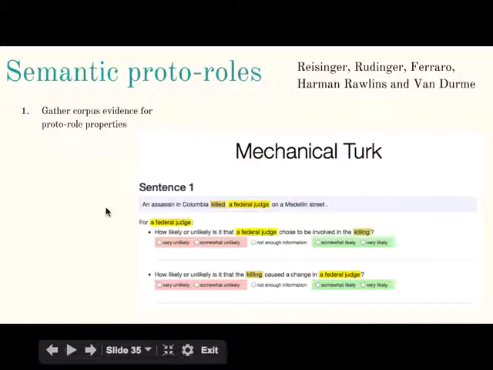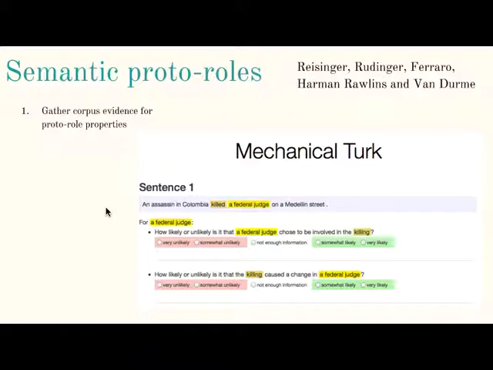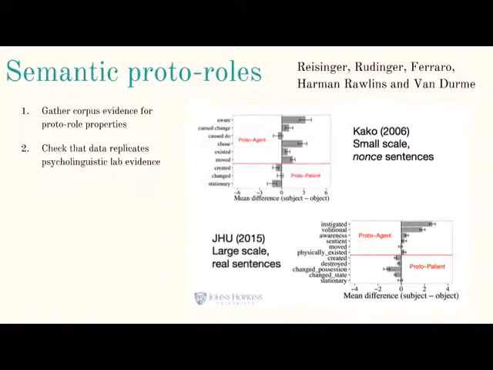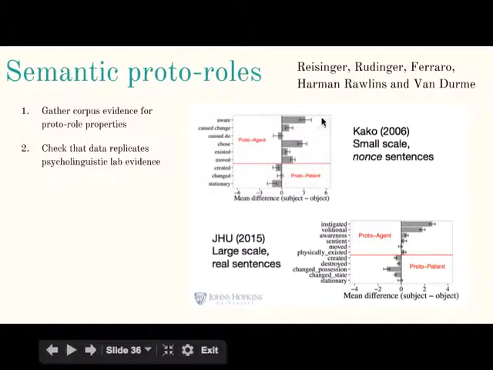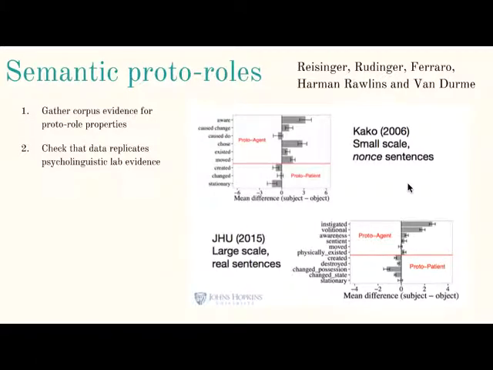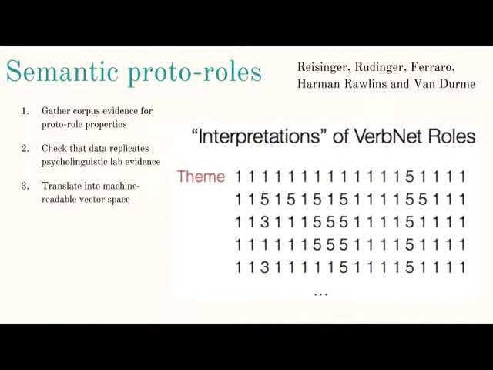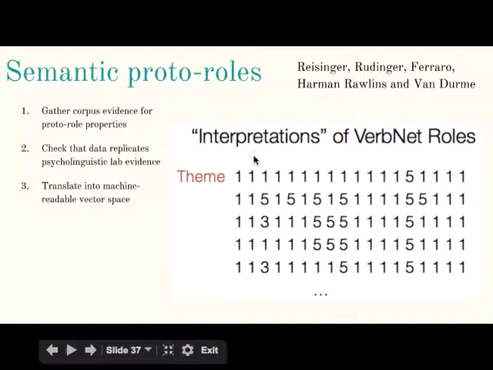And so they got hundreds of thousands of judgments on different sentences, and they took this and checked it against the lab evidence and found, first of all, that it replicated, which is like, yes, science, very nice. And then they translated these basically into a vector space. This is just strings of people's judgments, right?